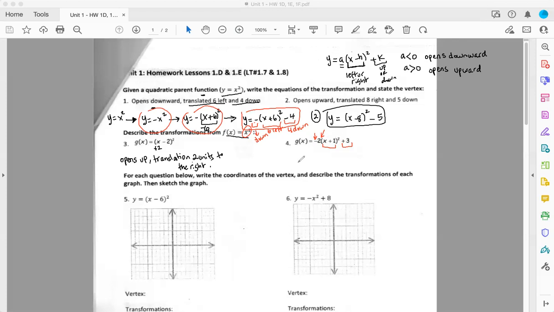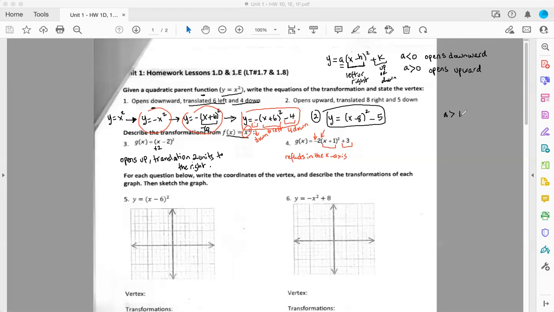So the negative, what does the negative do? The negative automatically reflects in the x-axis. That's the negative. The 2, remember we said when A is greater than 0, it opens upward.